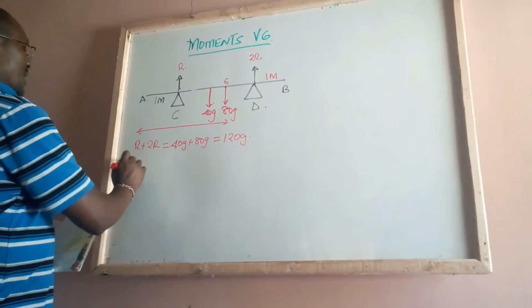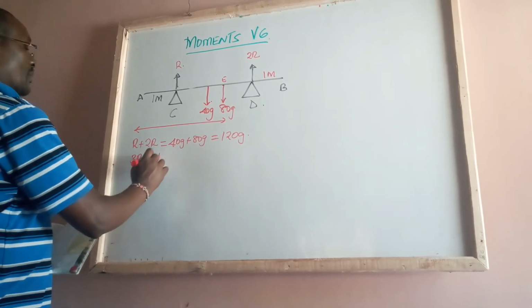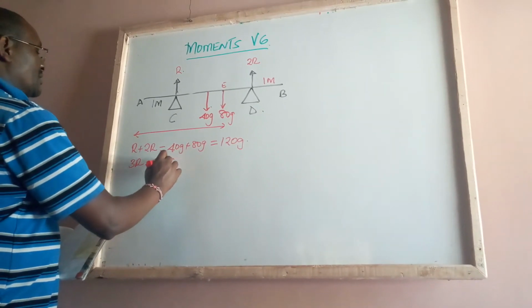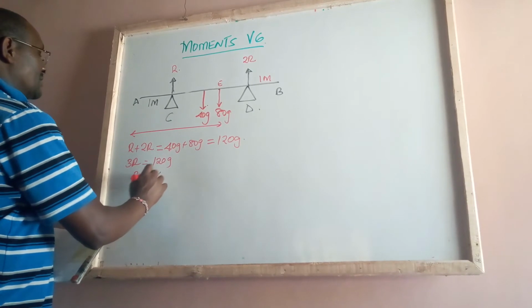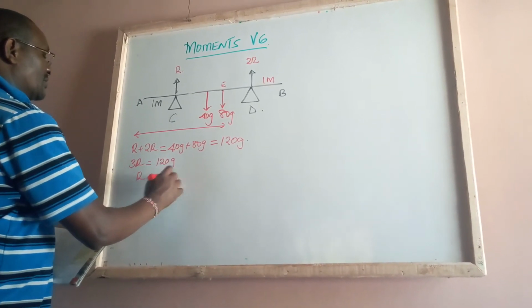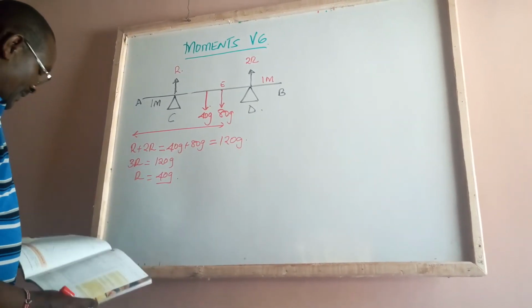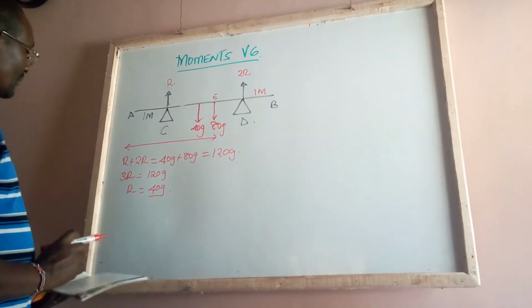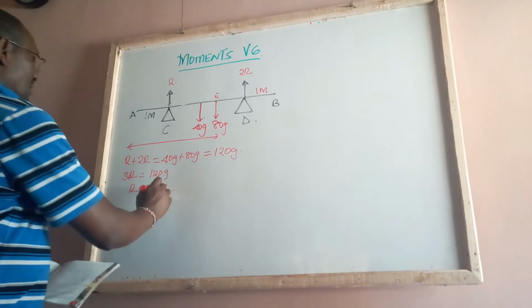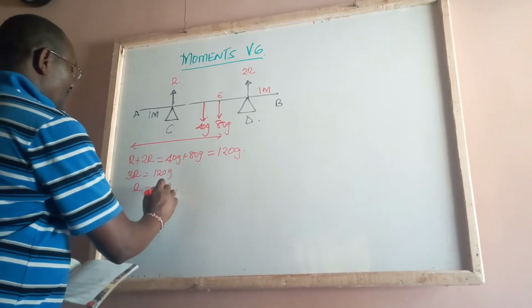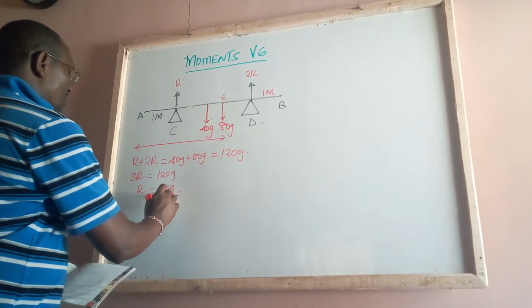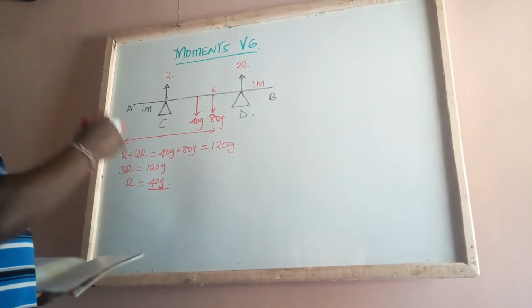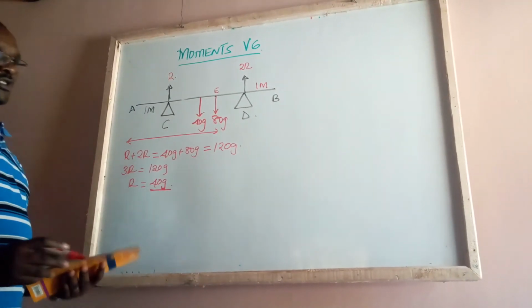If this is true, then 3R is equal to 120G, and therefore R is 40G. That is our basic value of R. We may not really introduce G at this point, but R is 40G. Of course, you know G is 9.8.